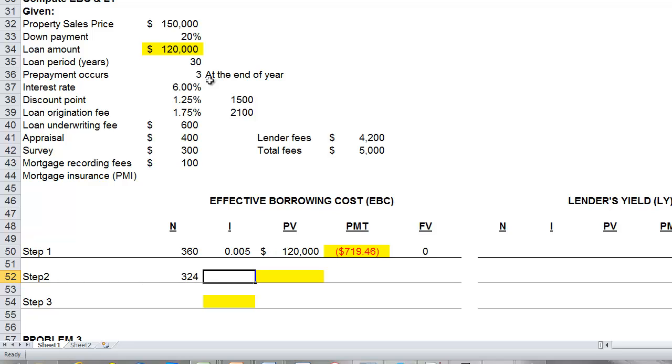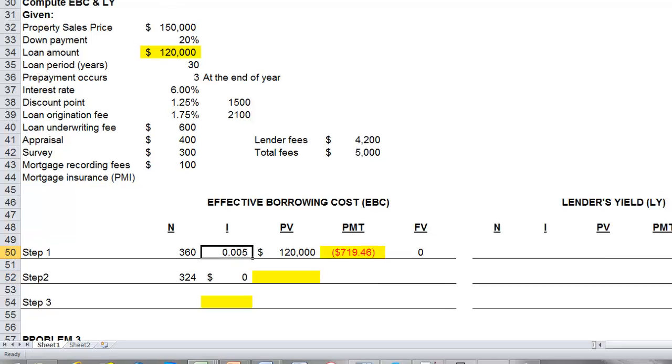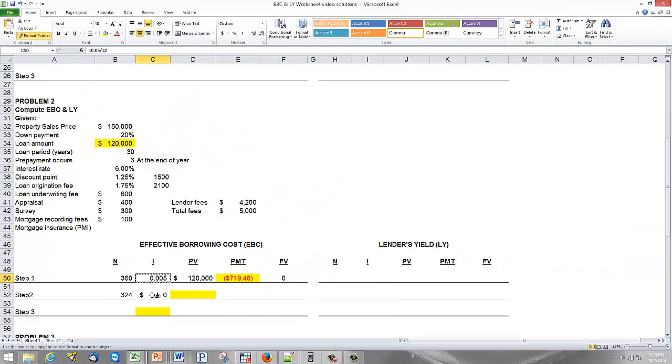And our definition of outstanding mortgage balance is that we're going to use the contract rate of interest, and we're going to be discounting the payments. The future value is still 0. So compute the present value using this information. All right, so 115,000 is our outstanding mortgage balance.